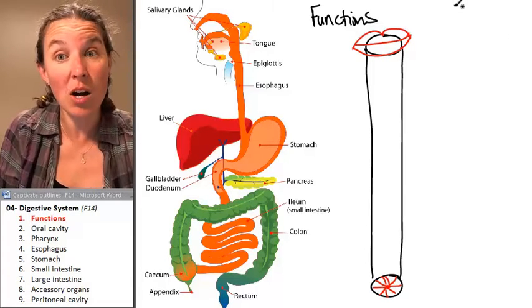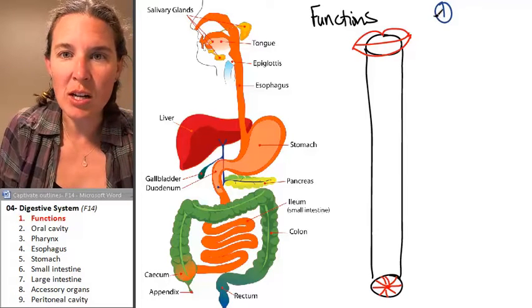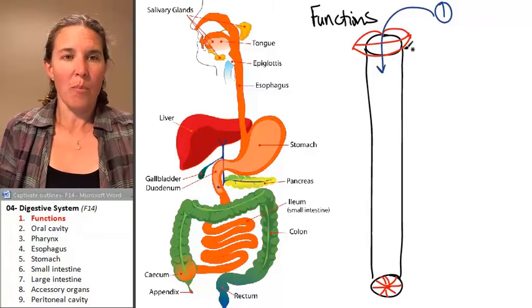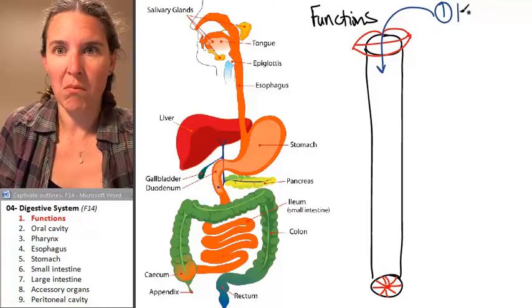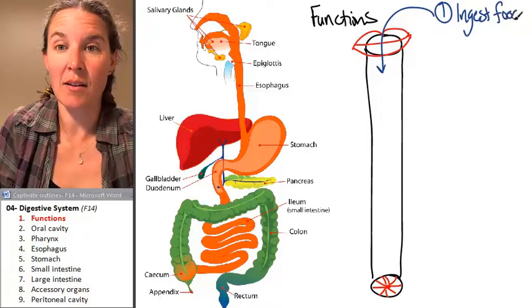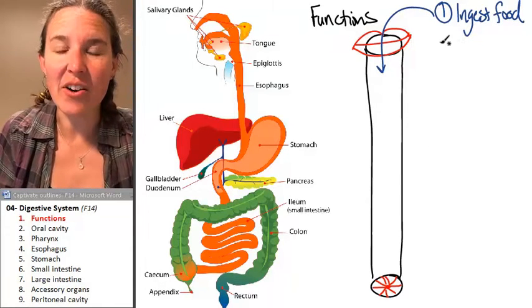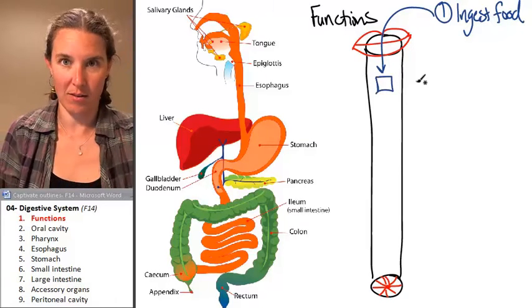And we're going to start with the first one, which is basically ingestion of food particles into the mouth. One of the jobs of the digestive system is to ingest food. That makes sense, doesn't it? Imagine that. And look, I even drew it for you. Guess what? Another function. Okay, I have to draw you a piece of food that came in.